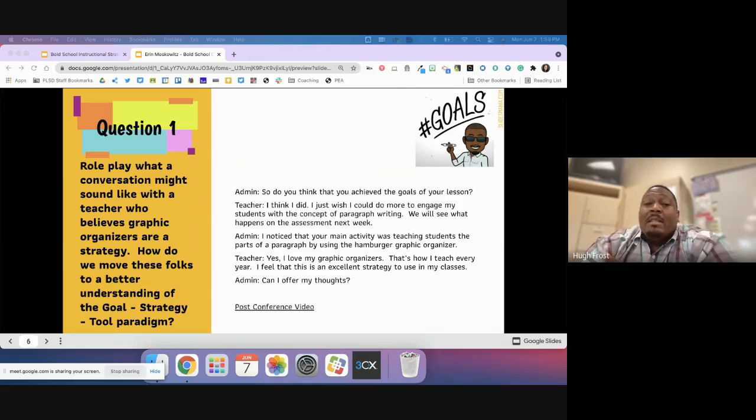Then the admin states that, hey, I noticed that your main activity was using a hamburger graphic organizer. The teacher says, yes, I love graphic organizers. That's how I teach every year, and I feel that this is an excellent strategy to use in the classes. And then at the end, the admin asks, hey, can I offer a few thoughts?